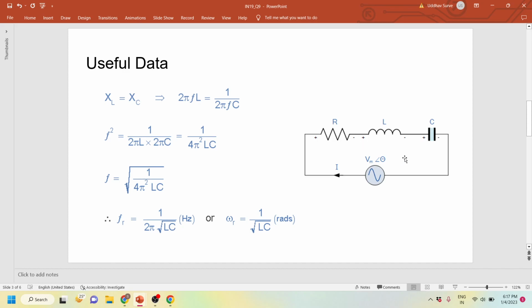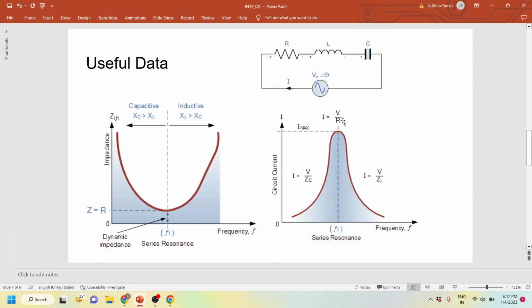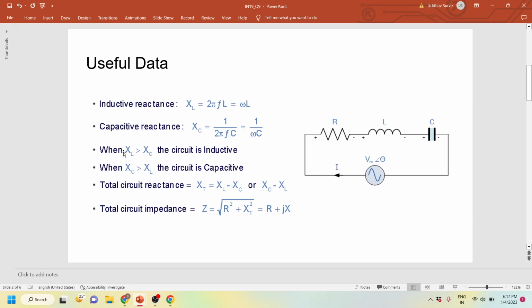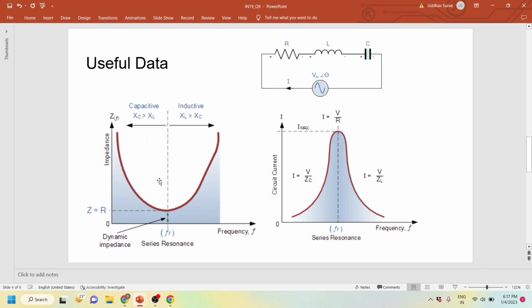So the reactance of this total network will be nullified, and only resistance will remain in the circuit. What I explained earlier, I'll explain in a diagrammatic form, where the total Z was root of R square plus XT square, and when XL is equal to XC, XT goes to 0, so only R remains in the Z.